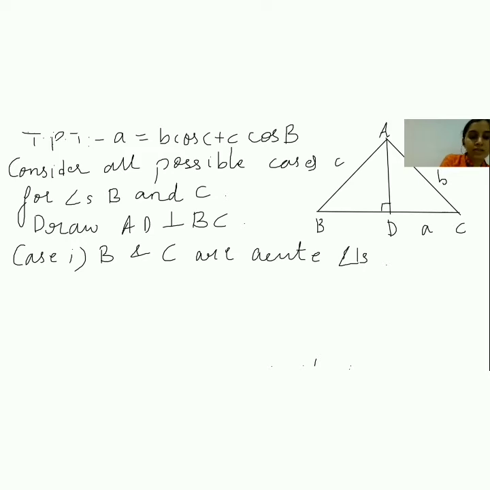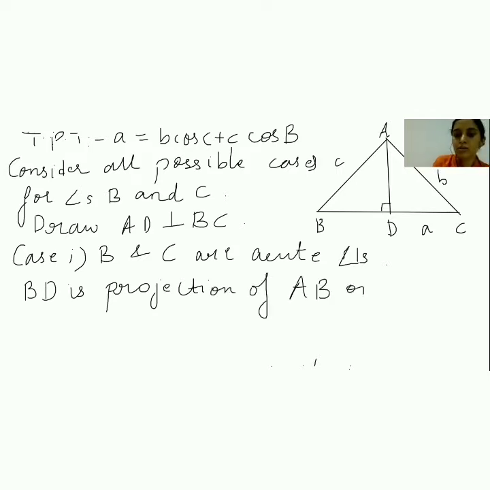Then we'll say that BD is the projection of AB on BC. So AB is projected perpendicular. How much is that projection? BD. So BD is the projection of AB.